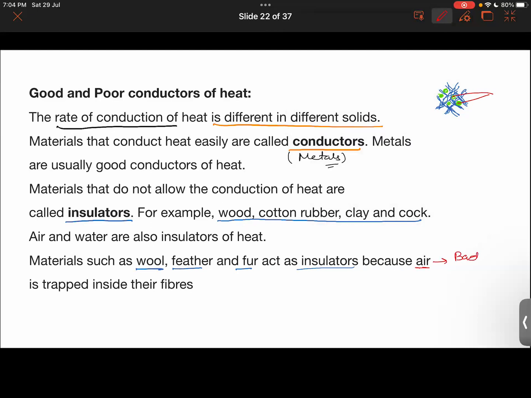That's why materials like wool, feather, and fur, since they have air trapped in them, act as bad conductors of heat. That's why in winters we normally prefer to wear sweaters made of wool, right?